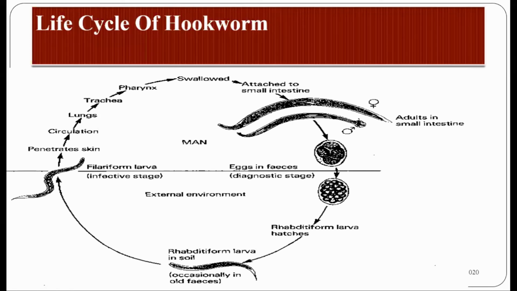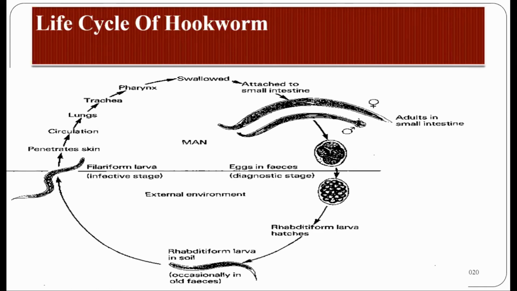The female worm produces eggs, which are segmented ovum, non-bile stained, and in freshly passed stool this egg is generally non-infectious to us. This egg embryonates in the external environment at 22 degrees centigrade, and these eggs hatch out into rhabditiform larva.